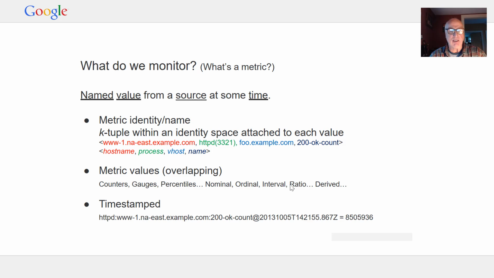And so here's a real metric down at the bottom where we've got a source, we've got a process 200 OK count, and then a time. I'm sorry, the time is the 'at' 2013 and so on.